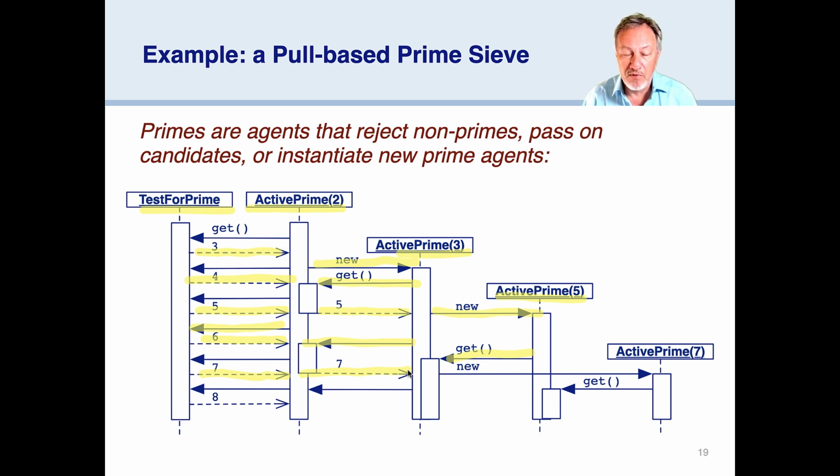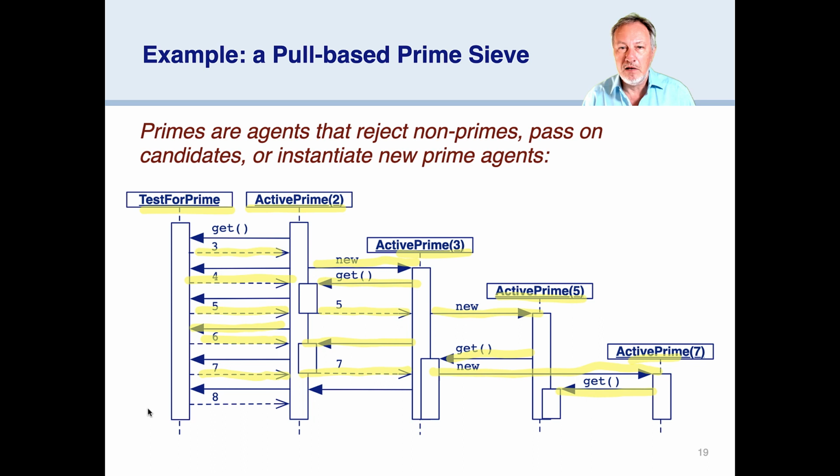Active prime 3 sees, oh, you're not divisible by 3. Oh, and you're smaller than 9, so you're a new active prime, so I'll create you. And active prime 3 gets connected to the last prime, which is 5, and so on and so on.